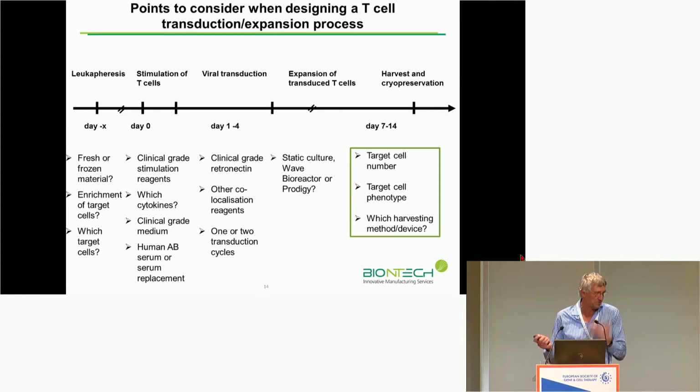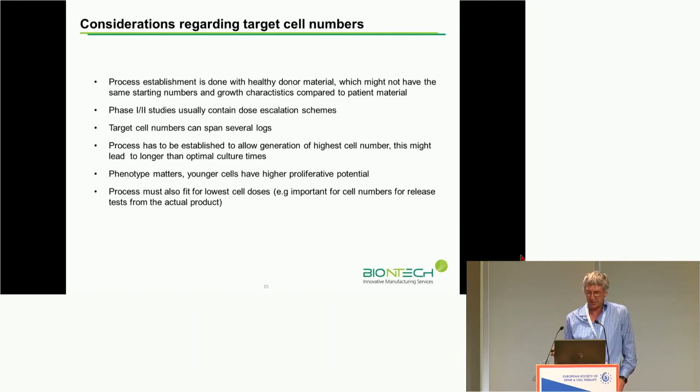So you look at them to kind of predict function. And then which harvesting method or device do you use? You want to be closed. Obviously, if you are in the Prodigy, then it's within the system. But if you're in Xuri or in the G-Rex, you need to have some other devices to harvest the cells. So some consideration to this.